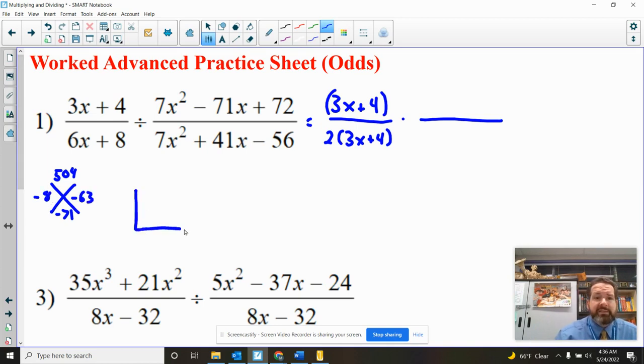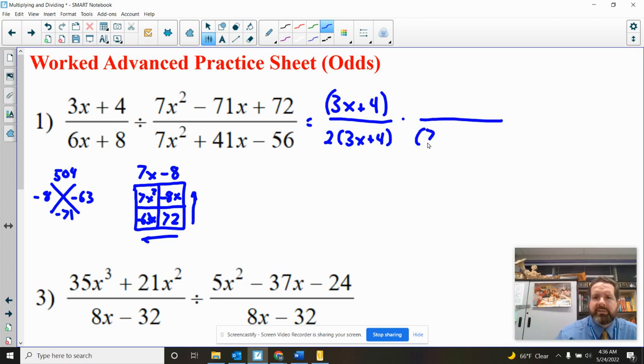Put those now in a box. The quadratic goes upper left, the constant lower right, and then a negative 8x and a negative 63x. Now GCFs to the top and to the left. So these have in common a 7x and a minus 8.